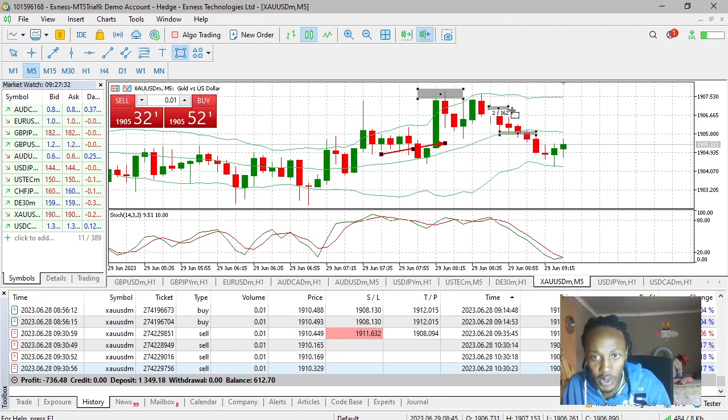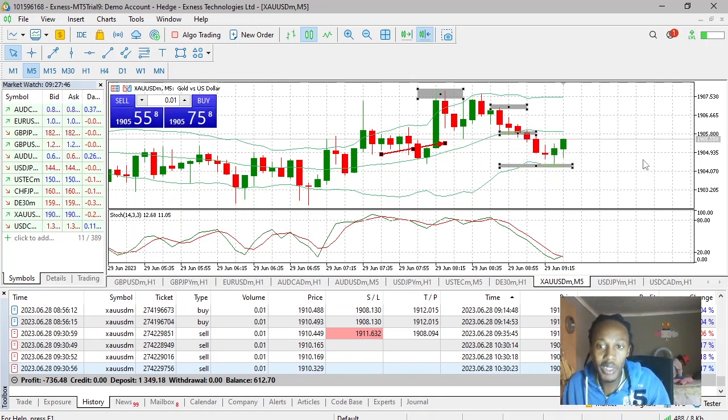You can also use this over here as your SL. So overall, you would have made something like 1:1.20. So this is your entry, this is your TP, this is your SL.